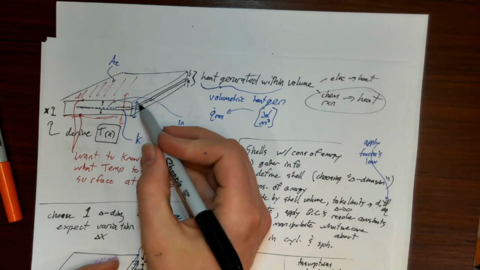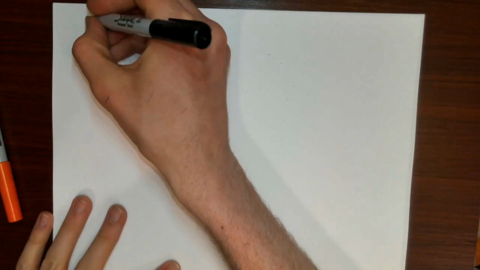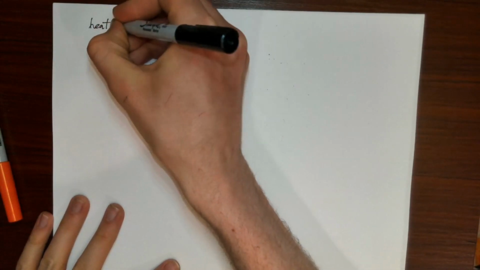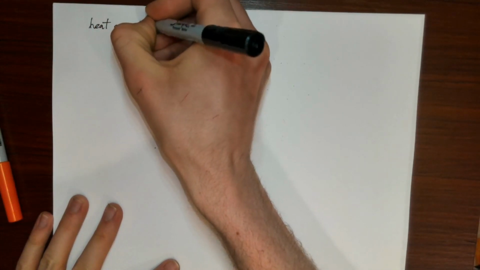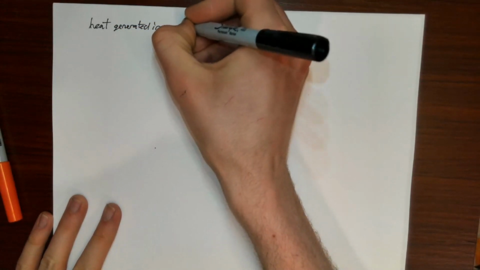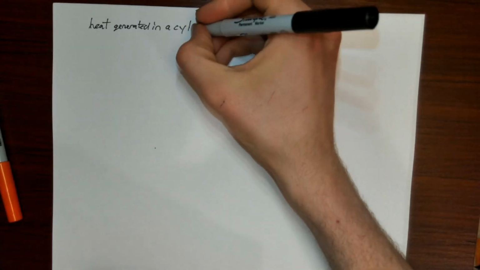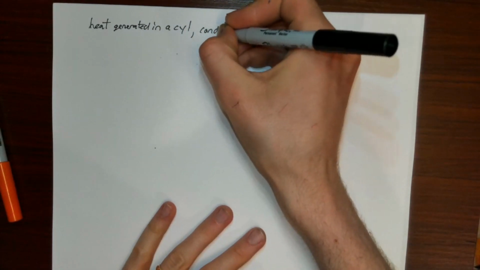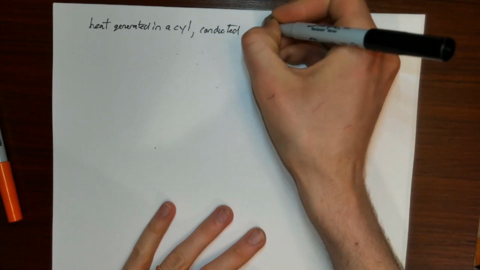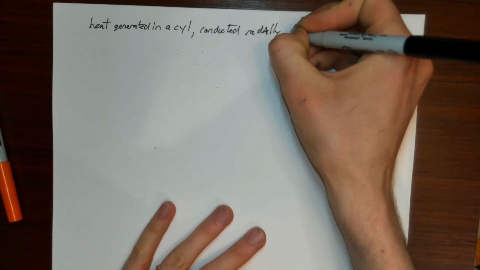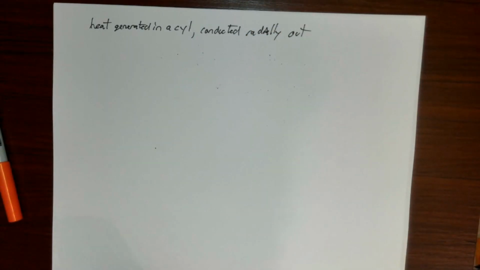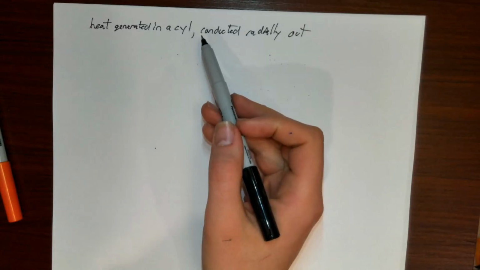So let's say instead of having heat being generated and conducted out of this slab, let's say I had heat generated in a cylinder and conducted radially outwards of it. Do we have examples like this in bioengineering?